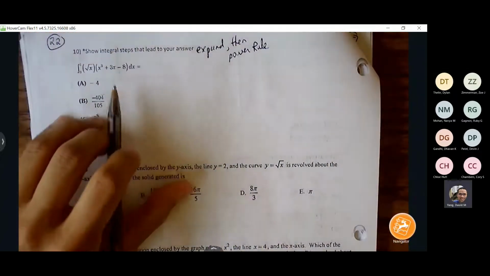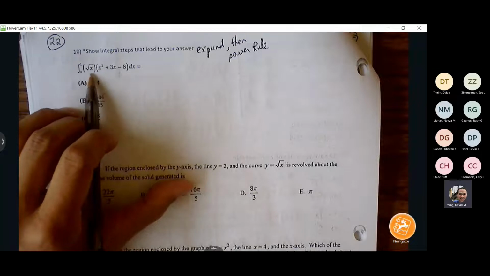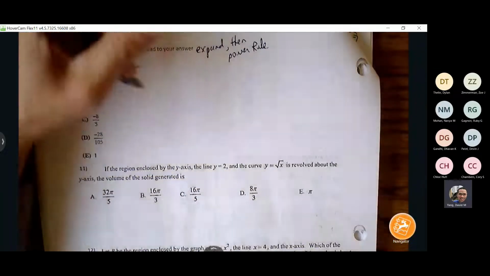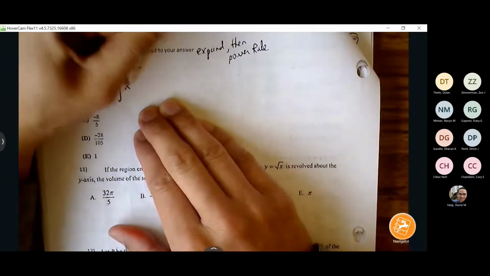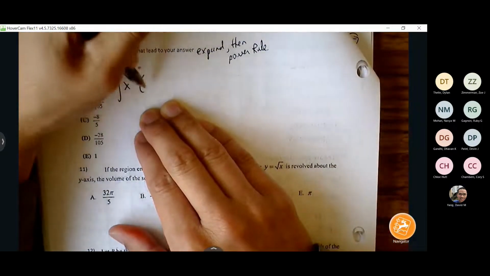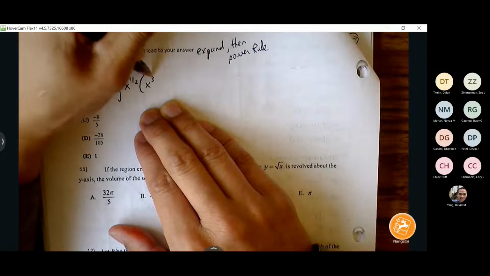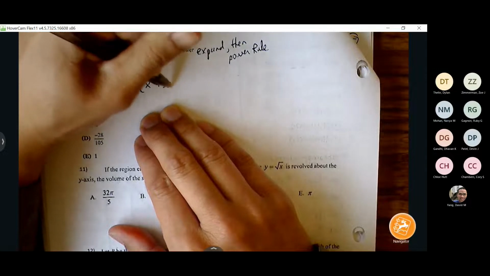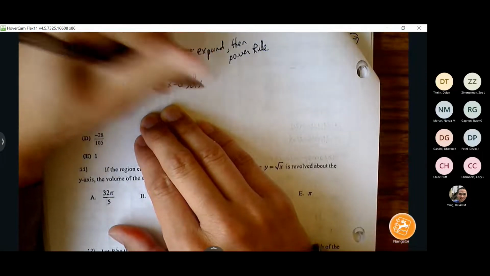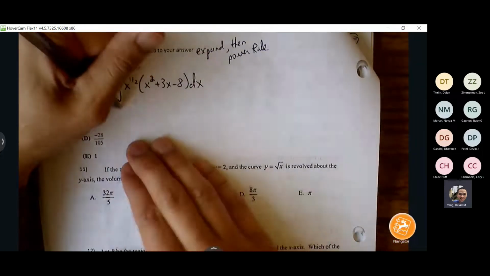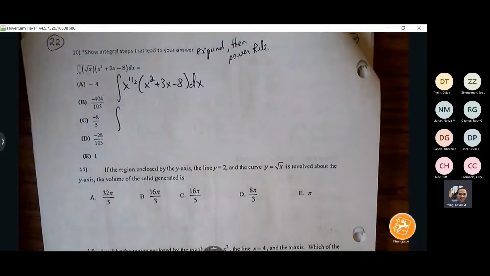So to expand, I got to distribute. To distribute, I first need to convert that radical to a rational exponent. Okay, distribute the x through. 1/2 plus 2.